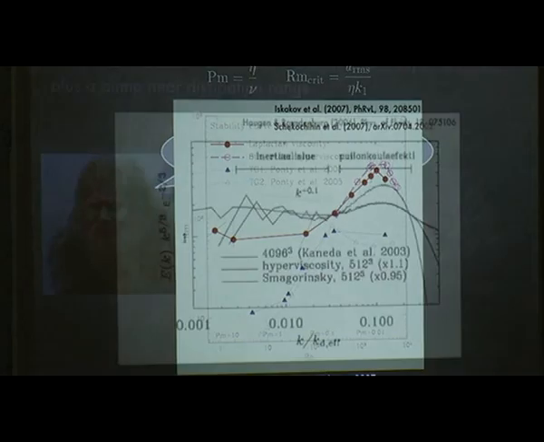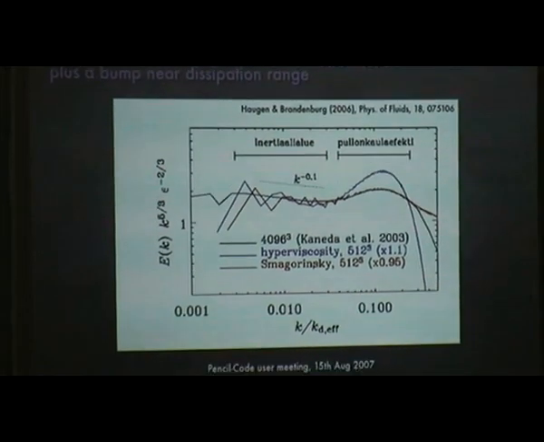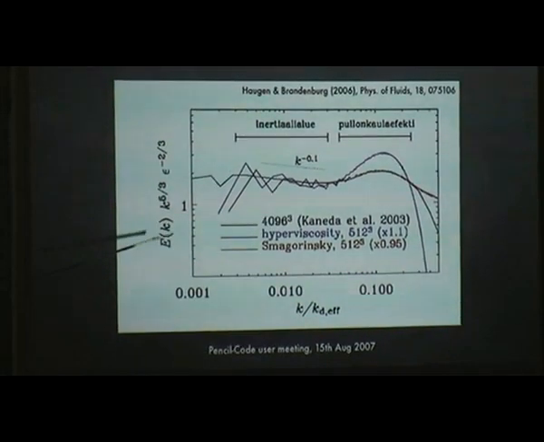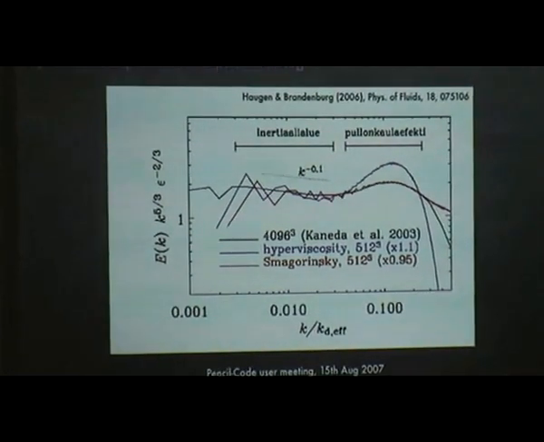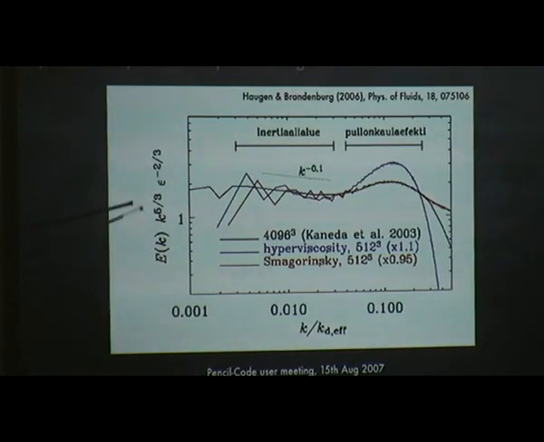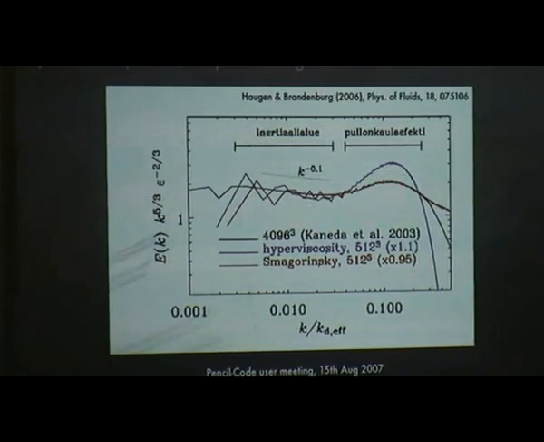And for that we need to look at something totally different. The bottleneck effect, which is basically if you plot the energy spectrum of these high-resolution turbulent simulations, and then this is multiplied by k^(5/3), which is the Kolmogorov spectrum, and then it should be flat here, like the inertial range.